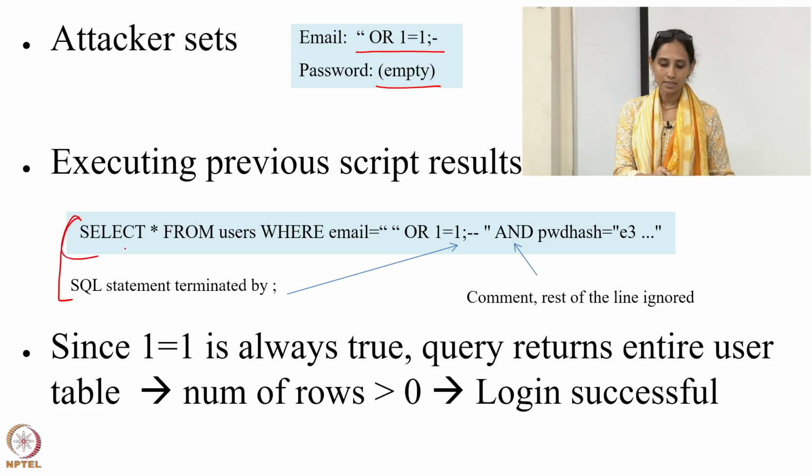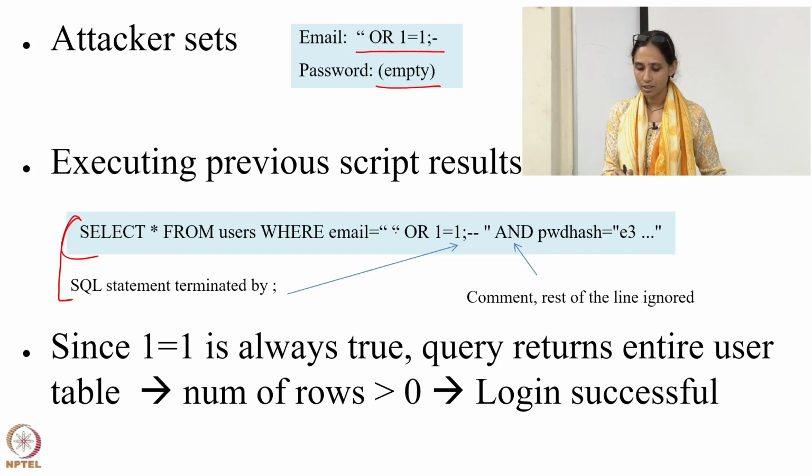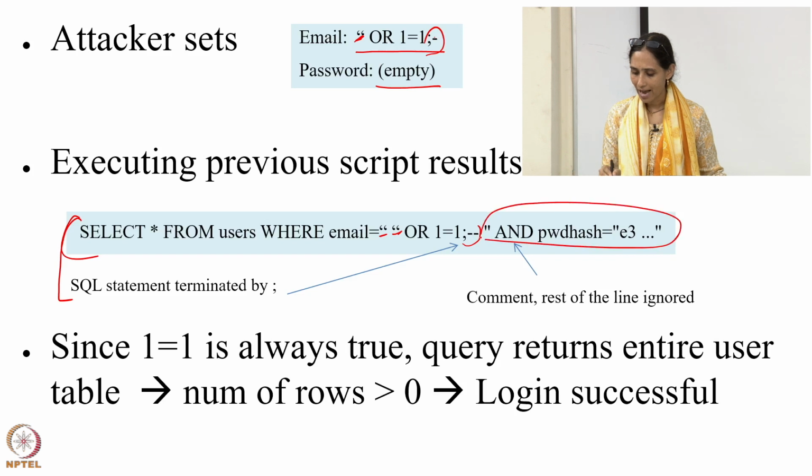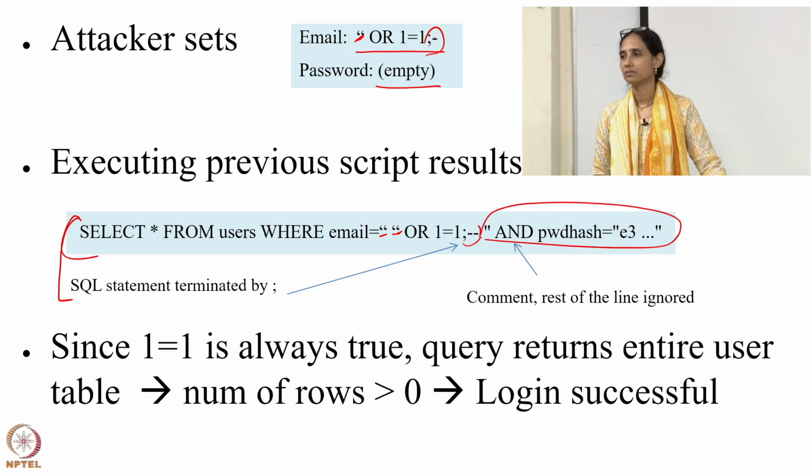It is basically telling: select star from users where email is equal to, and this part has been terminated with the quote. Then came or 1 is equal to 1, and this is a comment. That means after this there are two dashes. This is the comment, and after that comment, whatever it has does not really matter.